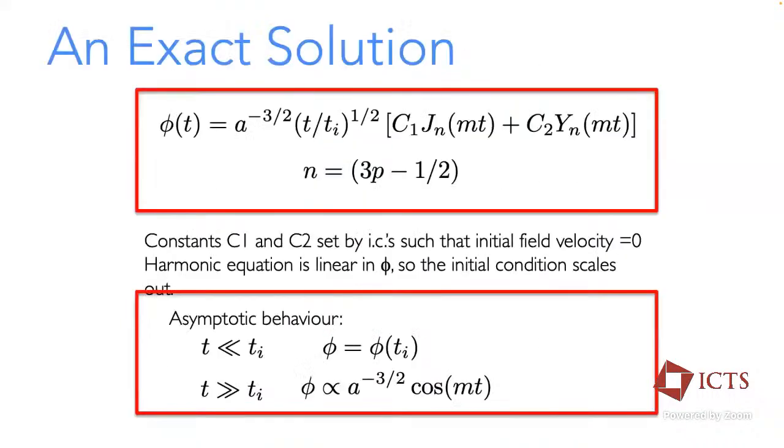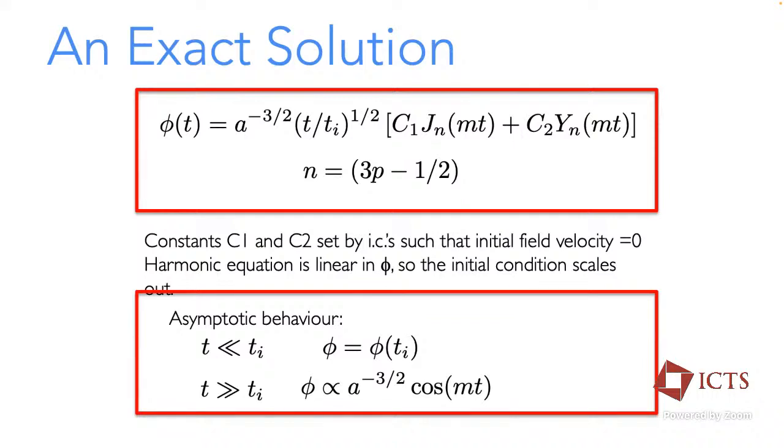But if you substitute a simple cosine like this into the energy density of the field, the energy density goes like a to the power minus 3. I haven't written that explicitly on the slide, so I'll show it here. The energy density is a half phi dot squared plus a half m squared phi squared plus dot dot dot for the other interactions.